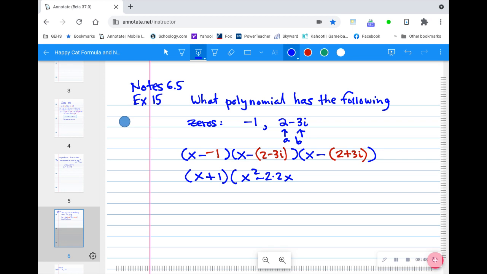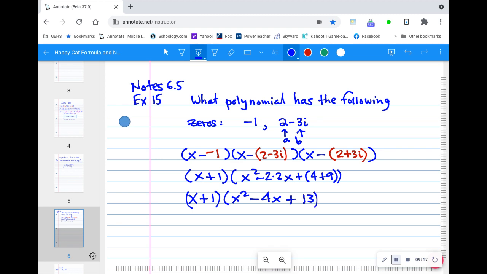And then at the back, you want a squared, which is 4, plus the b squared. And negative 3 times itself is 9. And we'll shorten this to x plus 1 times, so we're multiplying that by x squared minus 4x plus 13.